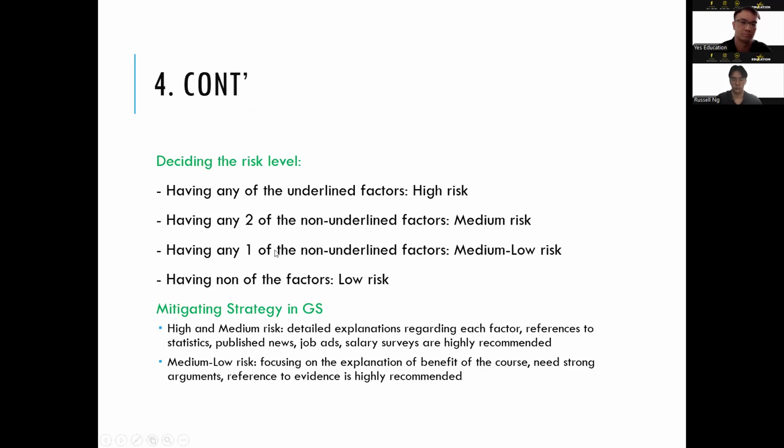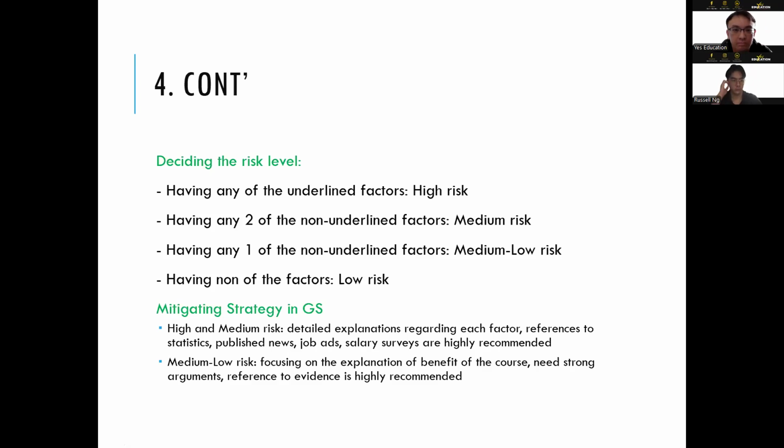And then if you're having only one of the non-underlying factors, it's a medium to low risk. Usually, you don't really need that much effort on your genuine statement. Just keep an eye on the student, see if you can make the application better, like giving him a little bit better education provider, which may counterbalance this factor.